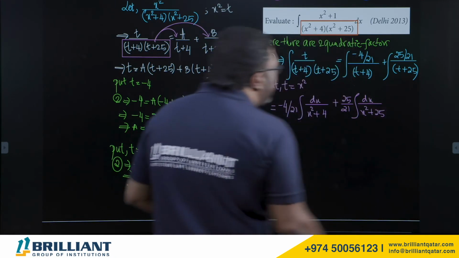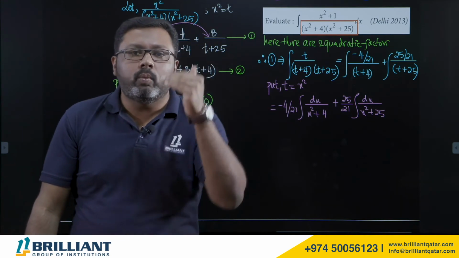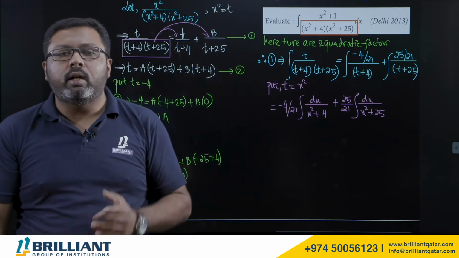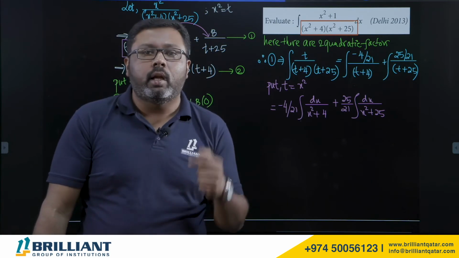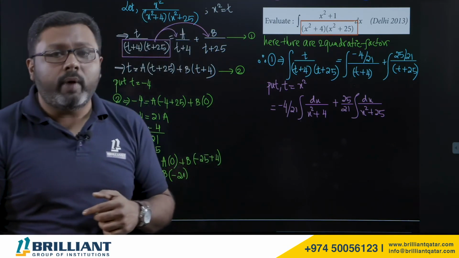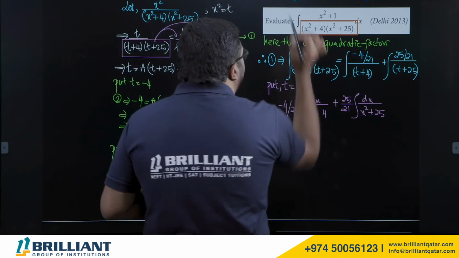So I told you that there are three forms that can come in partial fractions. One is 1 by simple factor, 1 by repeated factor, 1 by quadratic factor, and 1 by quadratic factor is always 1 by a tan inverse x by a.